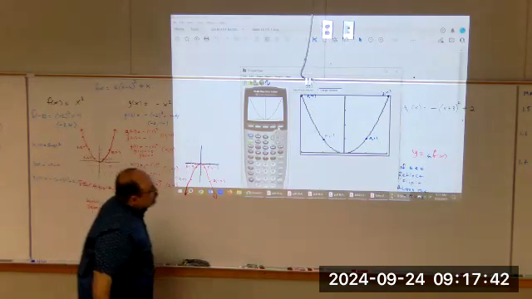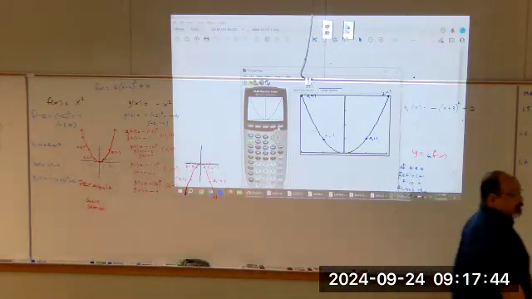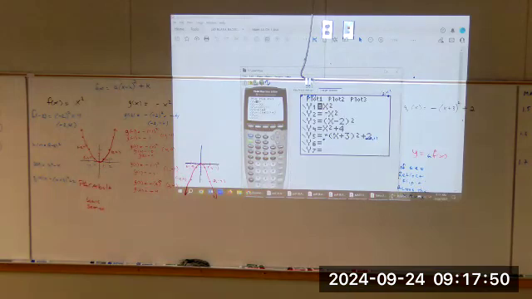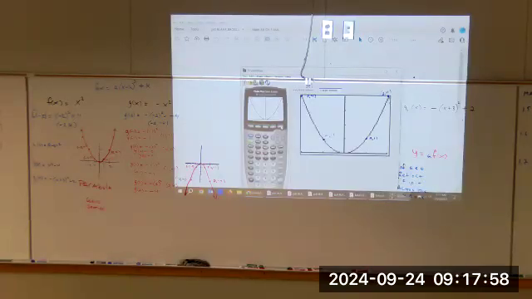Now, if I try to graph negative x squared on the same graph, and try to graph them both at the same time, it's graphing the other one, but nothing showed up. How come? My window's not showing below the x-axis.